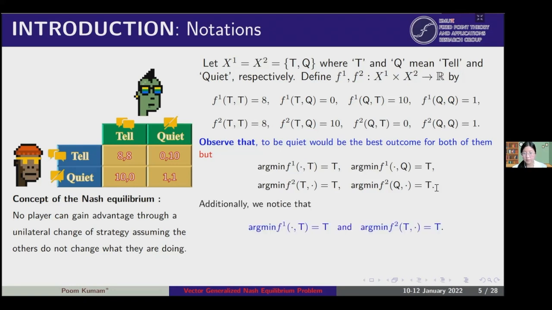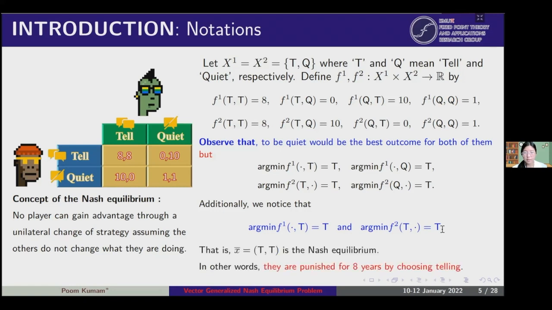From this, we can see that T is the Nash equilibrium, meaning that instead of both keeping quiet, they are punished because they choose to tell the police under the Nash equilibrium concept.